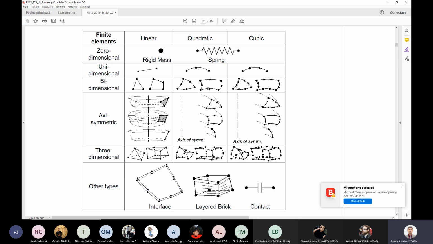Also for three-dimensional elements, it's possible. You can define elements with more than two nodes. You can have two inside nodes here over the edge. But in time, you will see all of these aspects.